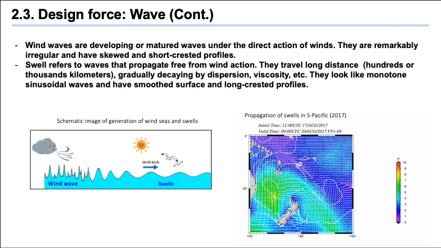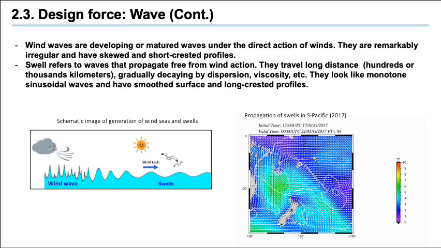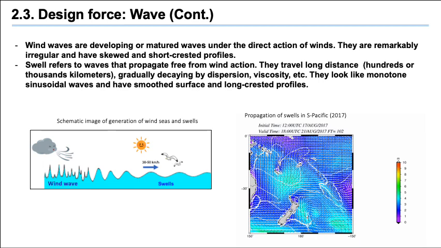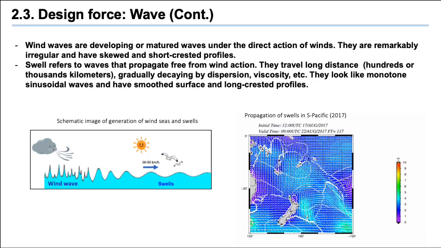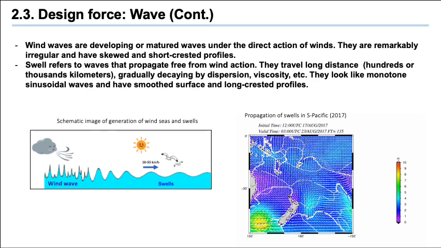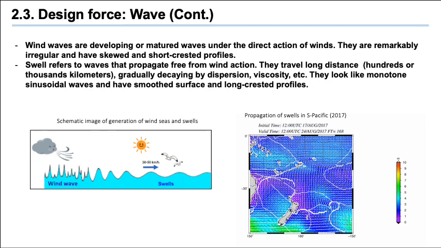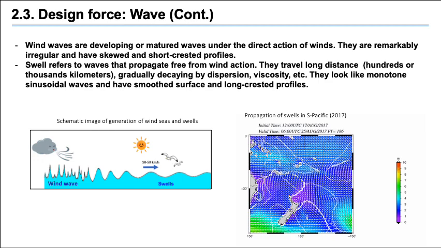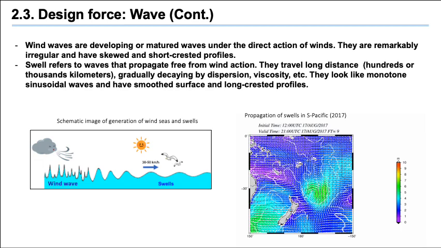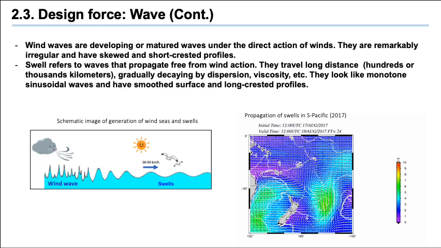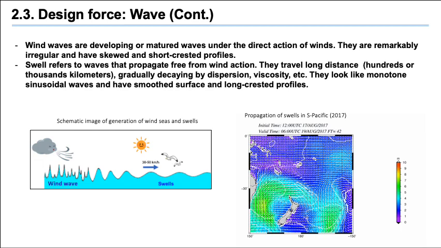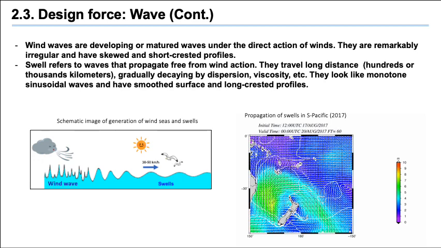They travel long distances, hundreds or thousands of kilometers, gradually decaying by dispersion, viscosity, etc. They look like monotone sinusoidal waves and have smooth surface and long crest profiles.